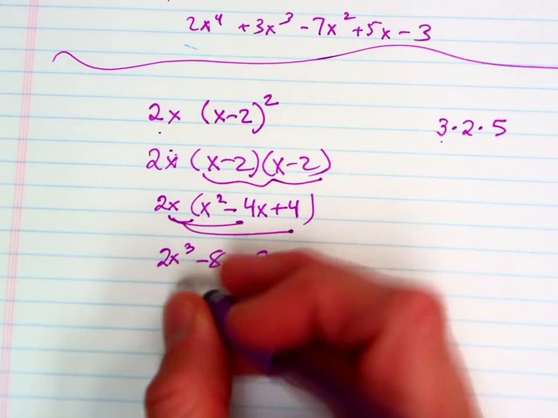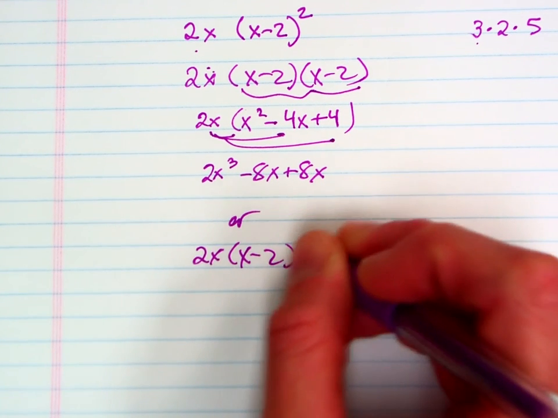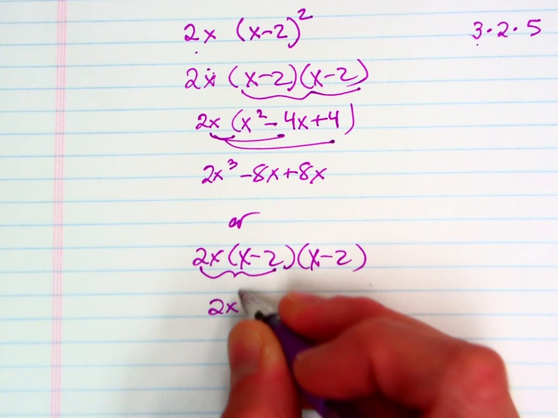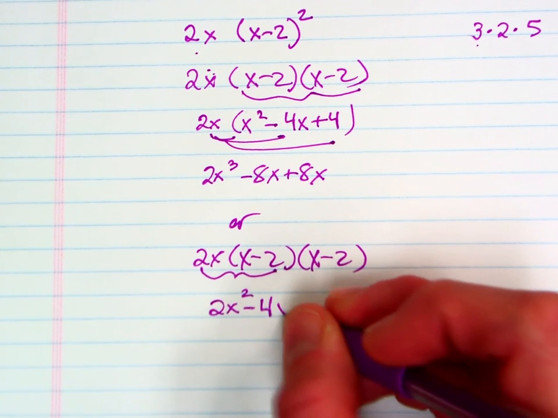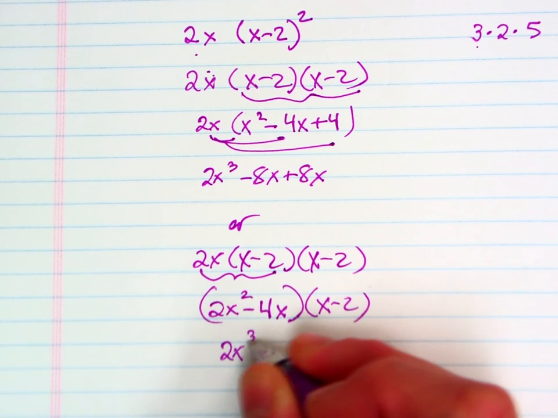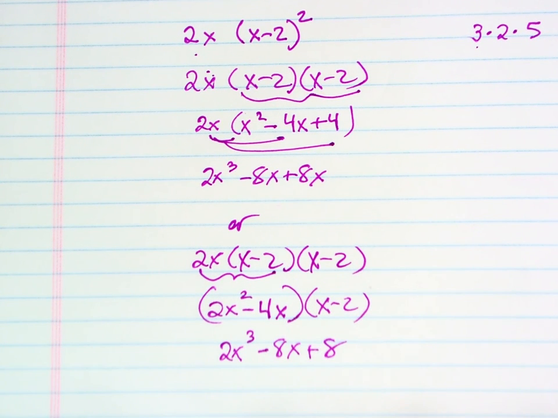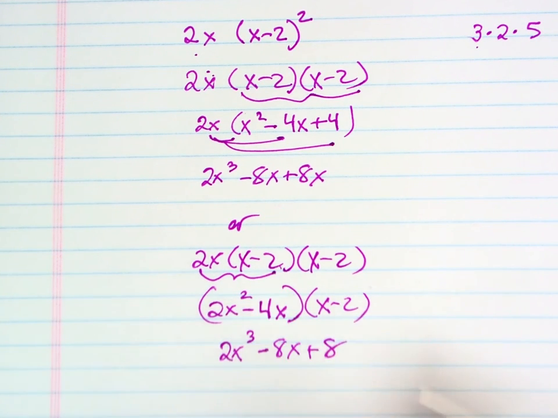Or, if you want to, you can do these two first. And then you would FOIL this, so you would still get 2x to the third minus 8x plus 8. So it doesn't matter which one you do first. You want to pick two of them and then multiply by the last one.